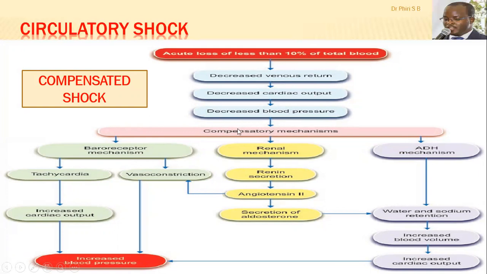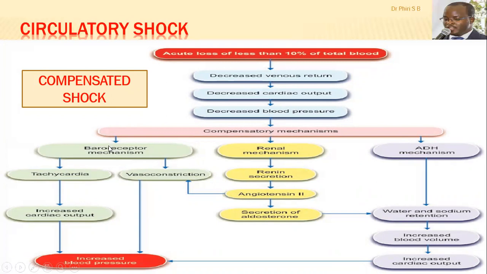That will result into the compensatory mechanisms. So once you have decreased blood pressure, this will be your stimulus now to activate the compensatory mechanism. That's why this stage is called compensated shock. So once you have this minor shock, the compensatory mechanisms that will kick in here are baroreceptor mechanisms.